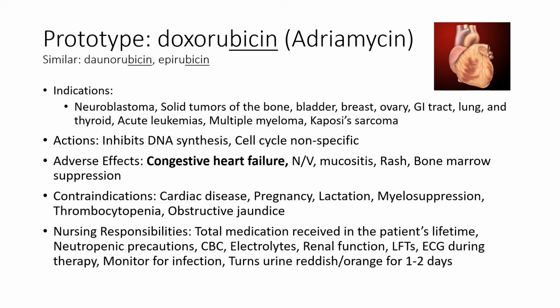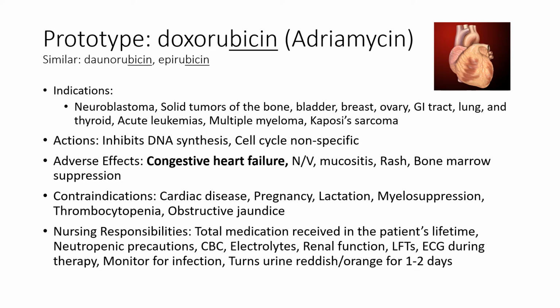And that's why when doxorubicin is given, the entire amount is always kept track of during the course of a treatment of chemotherapy. And even later, if you were to get more doxorubicin, they would also include doxorubicin that you'd had in the past, because it's very additive. And there's charts available that tell the healthcare providers this amount of doxorubicin will give you this percentage chance of leading to heart failure. So it's a direct cardiac toxin.